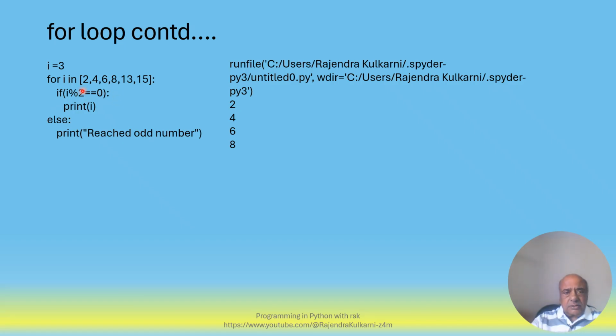Then we check if I mod 2 is equal to 0, print I, else print reached odd number.